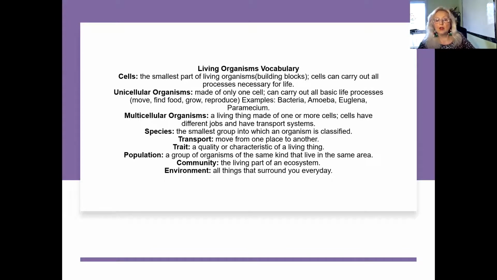Trait, a quality or characteristic of a living thing. Population, a group of organisms of the same kind that live in the same area. Community, the living parts of an ecosystem. Environment, all things that surround you every day. So this is our vocabulary for the week.